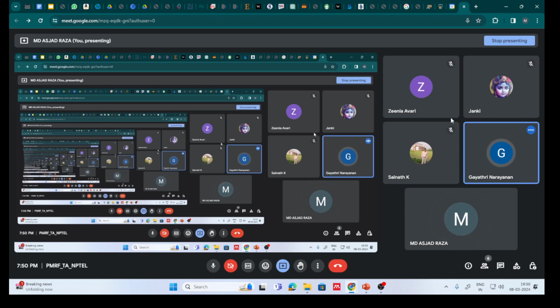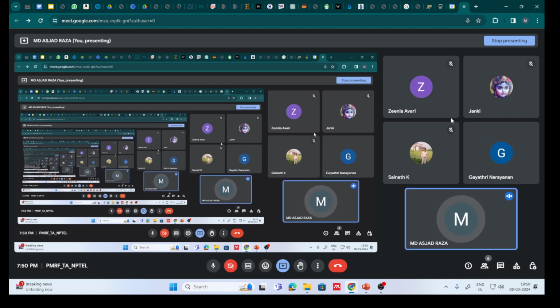Why are we going for the confounding or aliasing? We are just reducing the number of runs. As I told, if we go for the higher order, it is not going to give too much significance.